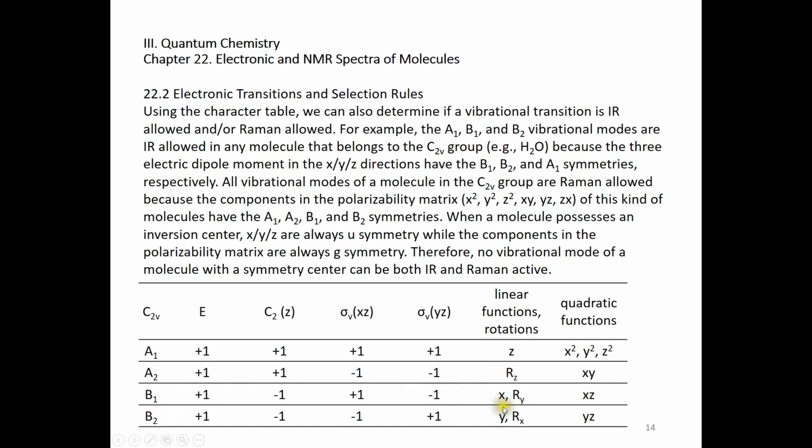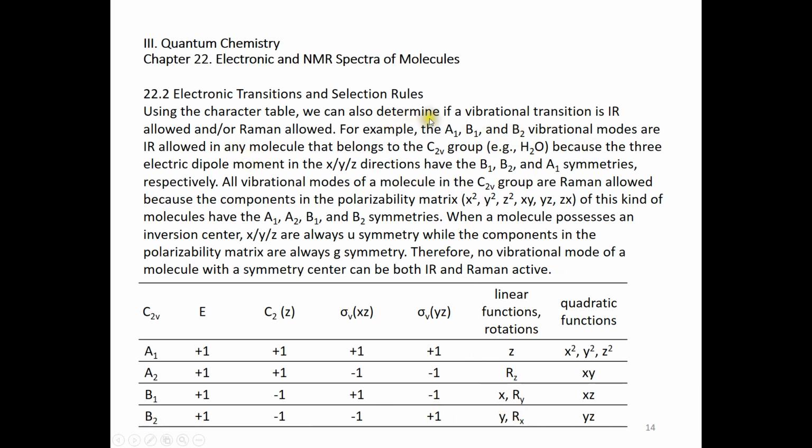X is B1, y is B2, and z is A1. So you just need A1 vibration mode to be allowed in the z direction. B1, look up B1. Then this is going to be allowed in the x direction, and also there's a B2. You see B2 here. This vibration will be allowed in the y direction.